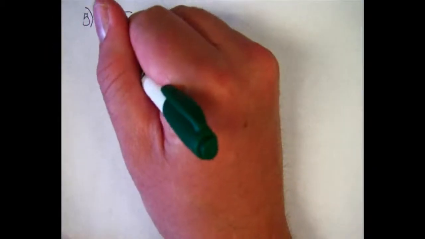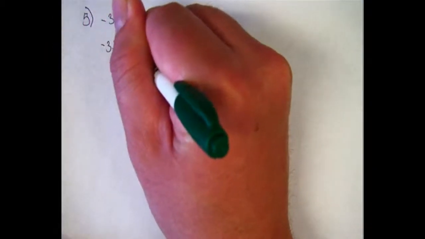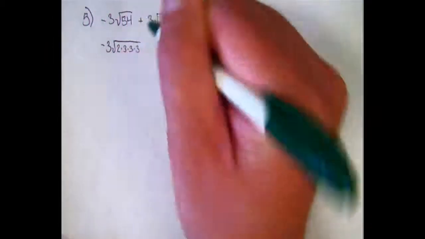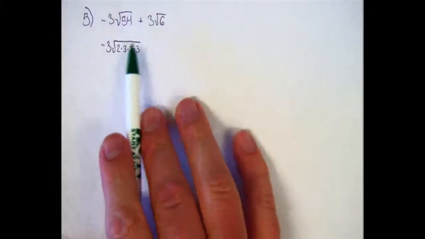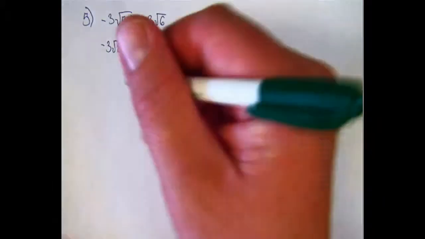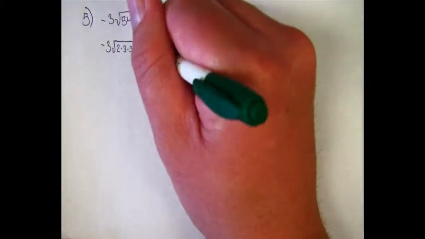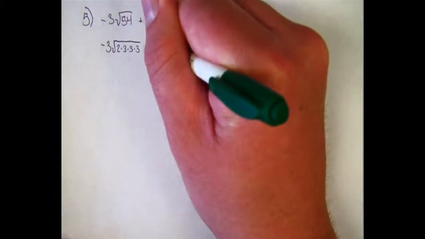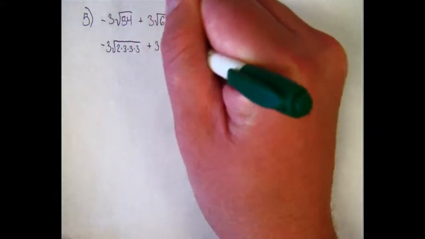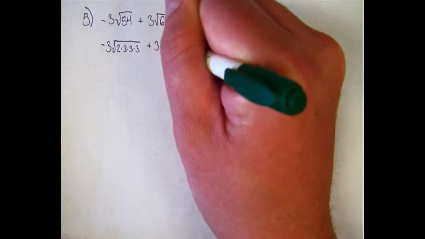So that means I need to get the prime factorization for 54, and that's actually going to be 2 times 3 times 3 times 3. I'm sort of doing these quickly just to keep the problem flowing. You'll have to take these and find the prime factorization for each one. Plus 3 times 2 times 3.